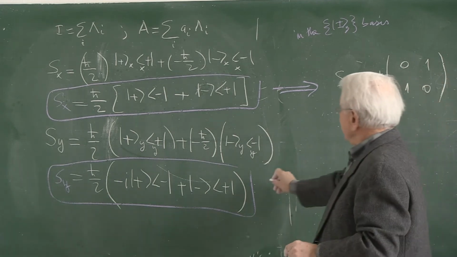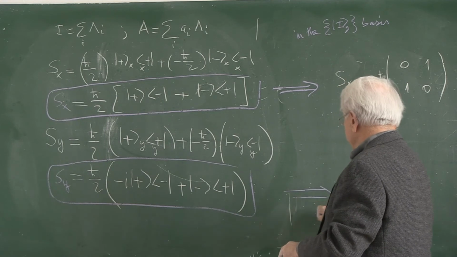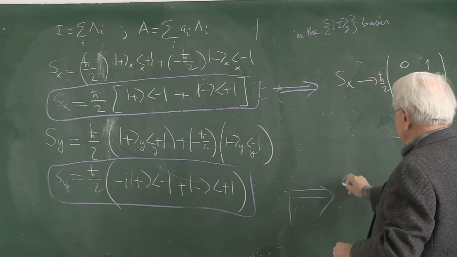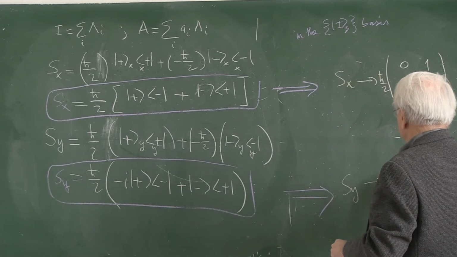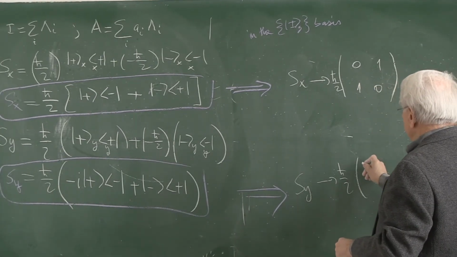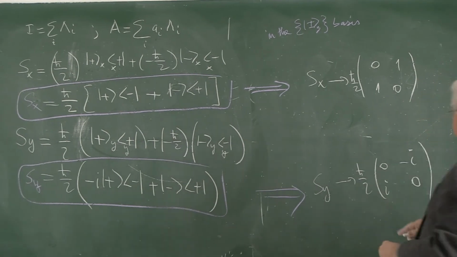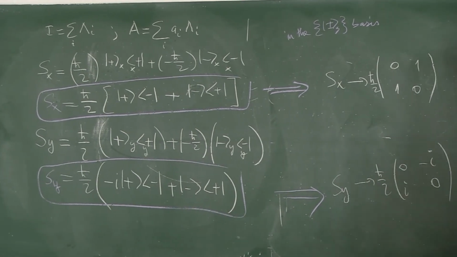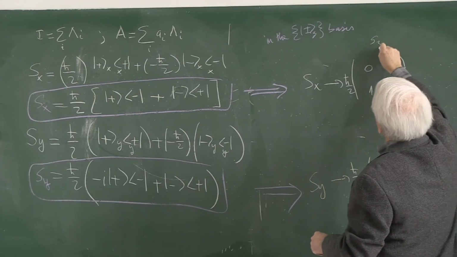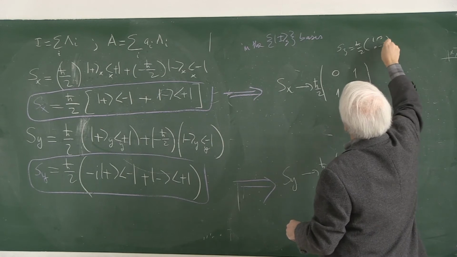And you do the same for this. Sy is h bar over 2 times 0, minus i, i, 0. Remember, you had Sz before: h bar over 2 times 1, 0, 0, minus 1.